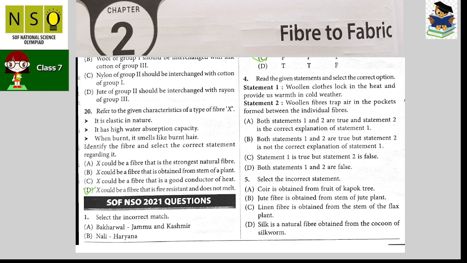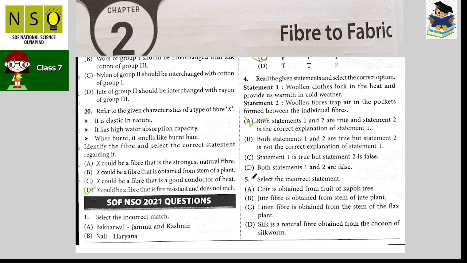Statement 2 is, woolen fibers trap air in the pockets formed between the individual fibers. We have to find the correct option. After going through these statements, we find that both statements 1 and 2 are true, and statement 2 is the correct explanation of statement 1.